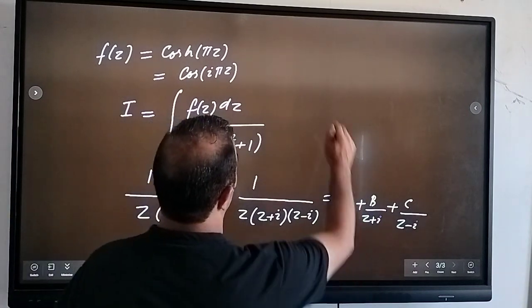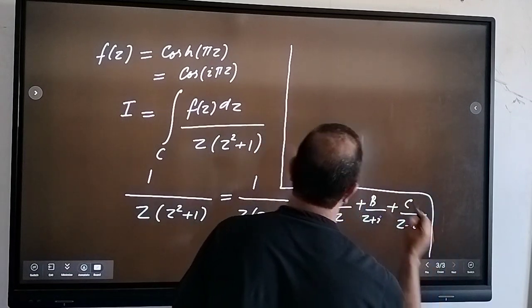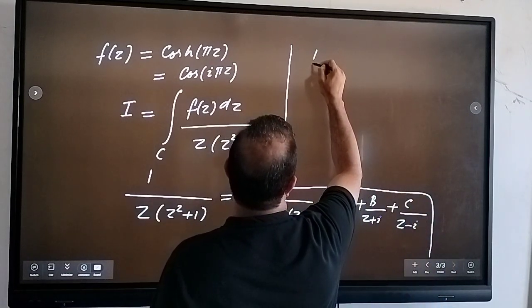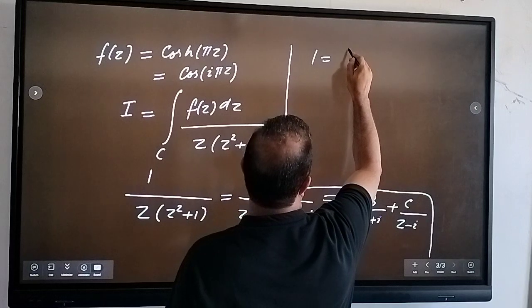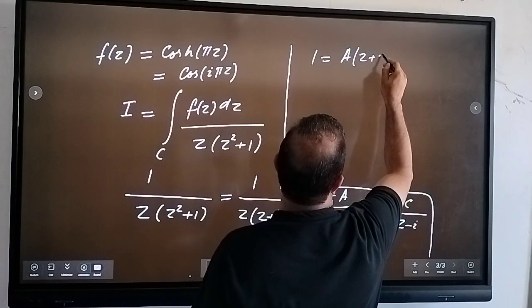So you can use that. So you can write this as, 1 will be equal to a into z plus iota.